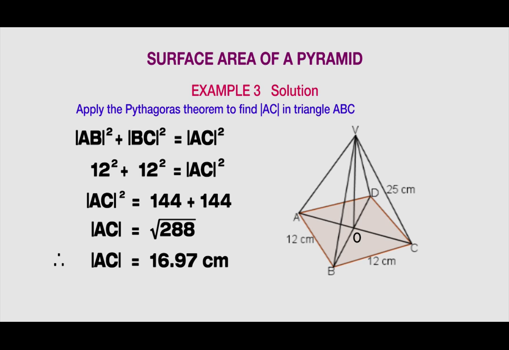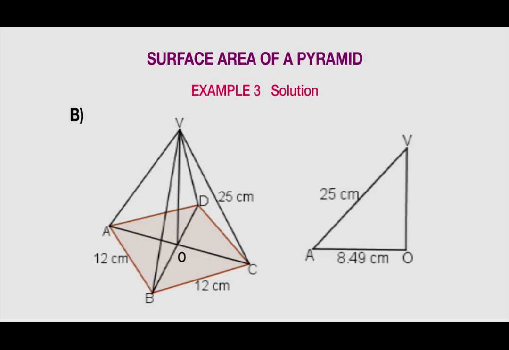Now look at B. Now B says find the height of the pyramid. And from the pyramid, the height is OV. But we note that OA is equal to AC divided by 2. So if you do the substitution, we have OA to be equal to 16.97 divided by 2. And that will give us 8.49 centimeters.